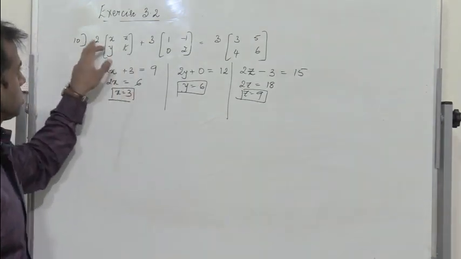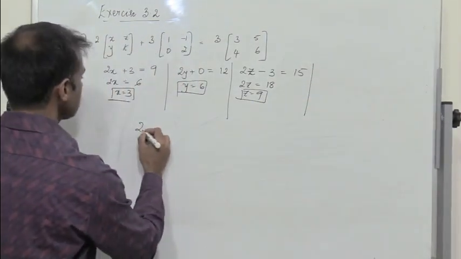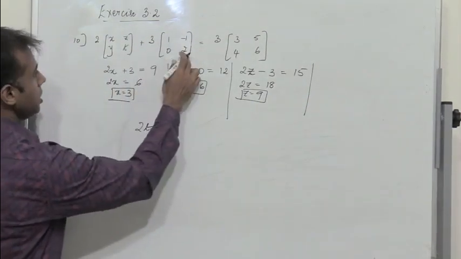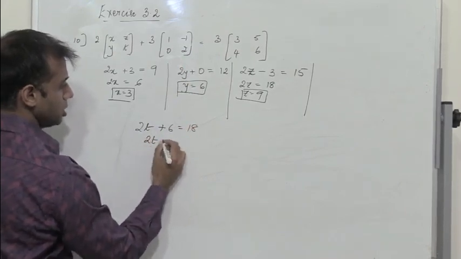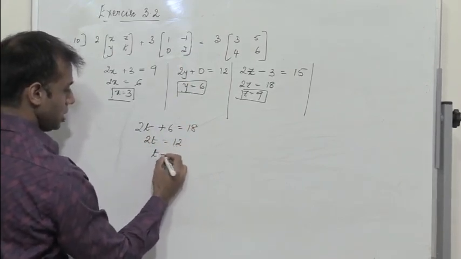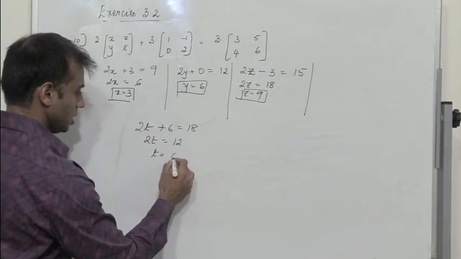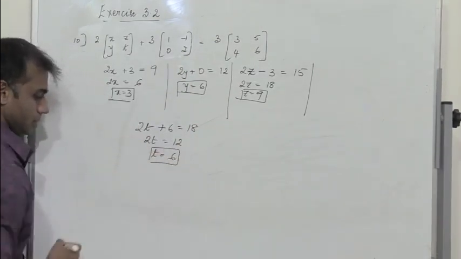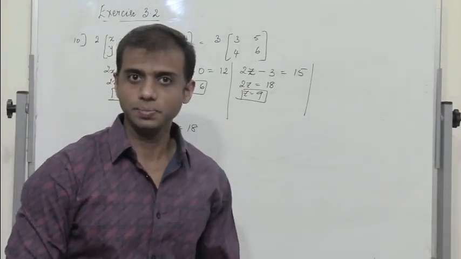And next t, 2 into t plus 3 into 2, which is 6, is equal to 18. So 2 into t equals 12. So t equals 12 by 2, which is nothing but equal to 6. Right? So we have found out the values of x, y, z and t.